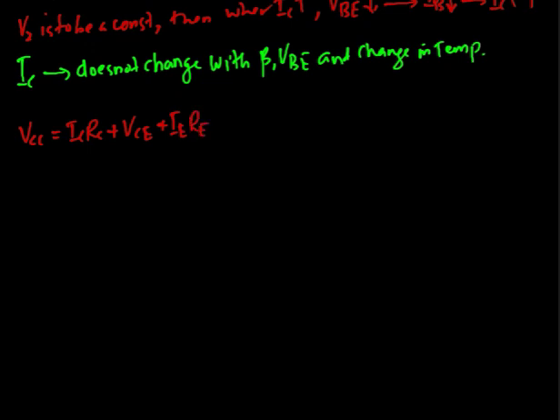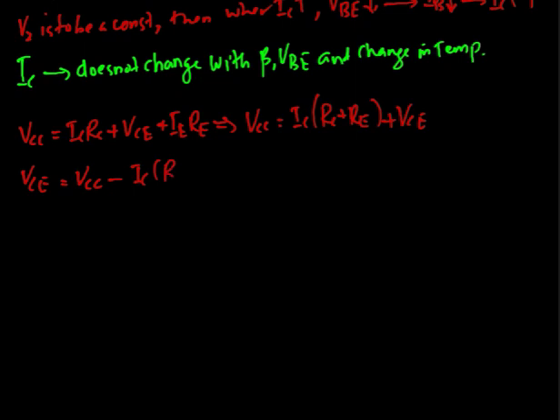But we have assumed that IE is approximately equal to IC. Then this equation becomes VCC is equal to IC into (RC plus RE) plus VCE. Now the expression for VCE is equal to VCC minus IC into (RC plus RE).